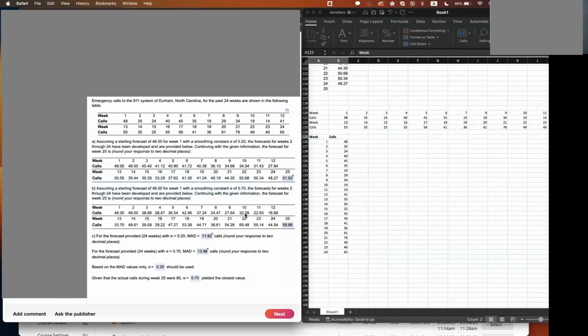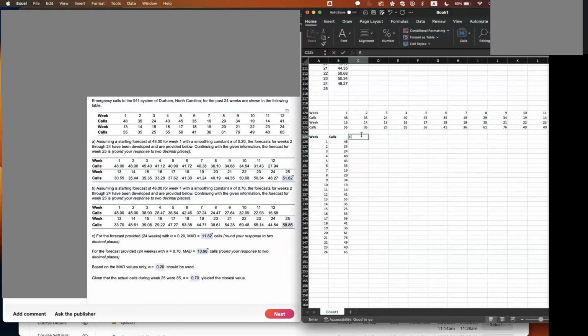So I have the original data, and then here is exponential smoothing. Exponential smoothing method, and alpha equals 0.2, and it starts with 48, right?